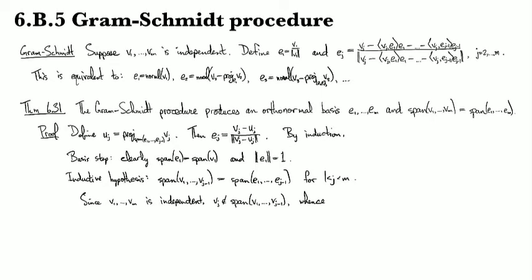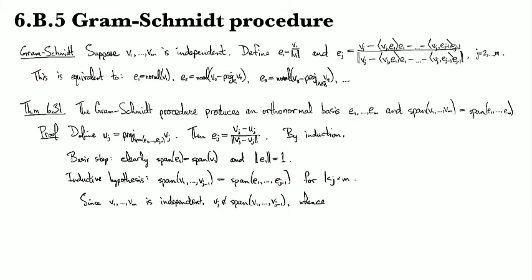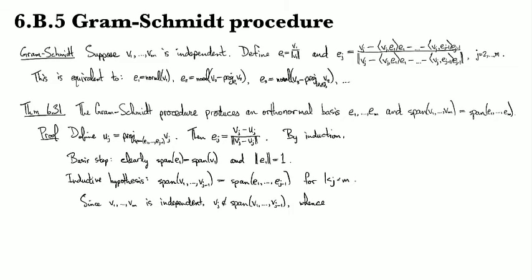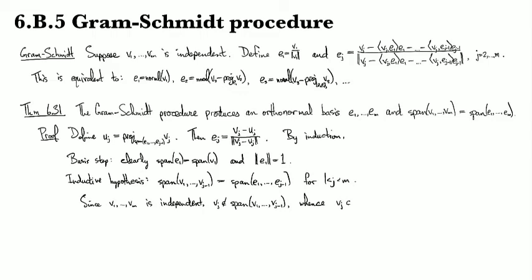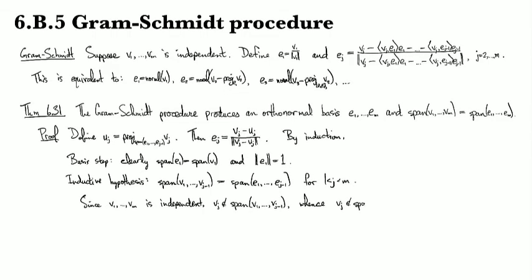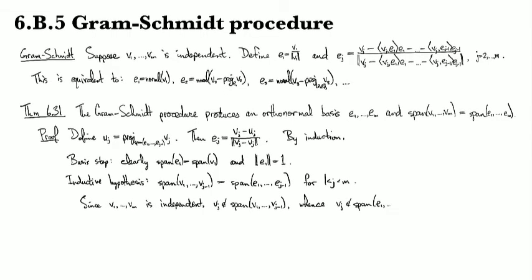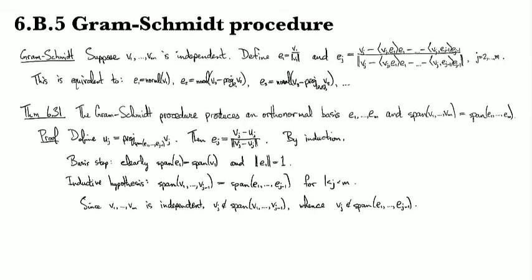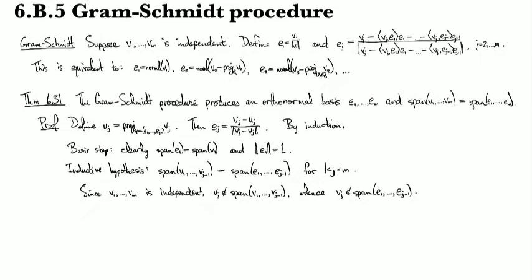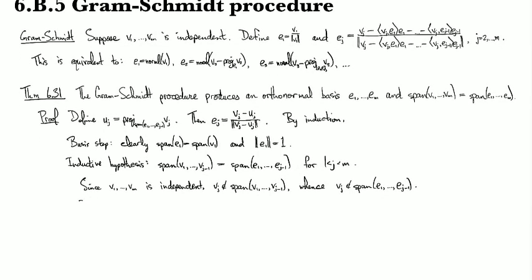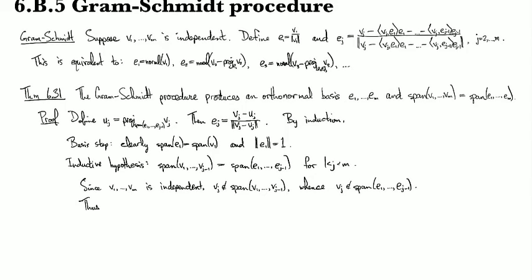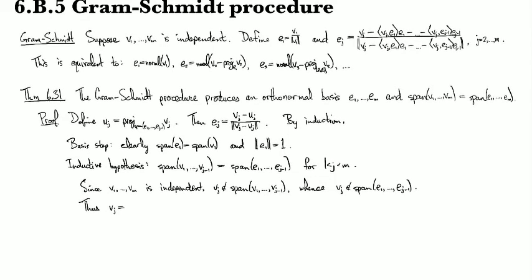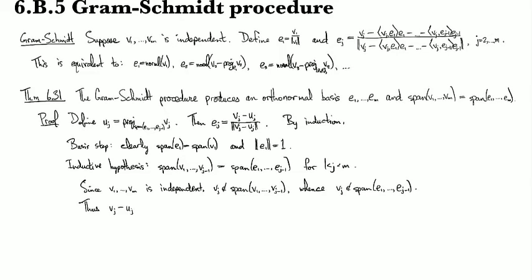And then since we know that the span of the first j minus 1 v's is the same as the span of the first j minus 1 e's, as we wrote in the previous line, this means that Vj is not in the span of E1 through Ej minus 1. Thus we know that it's impossible for Vj to equal Uj.